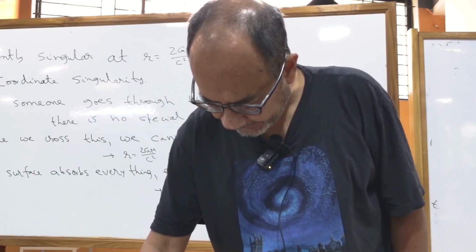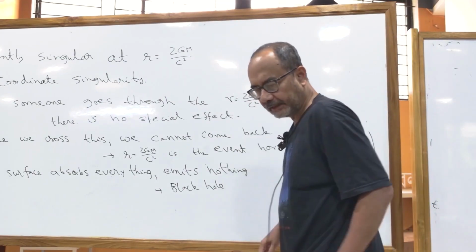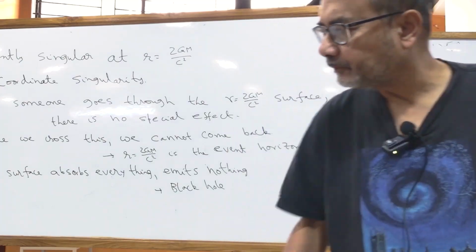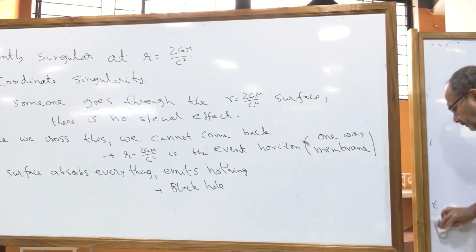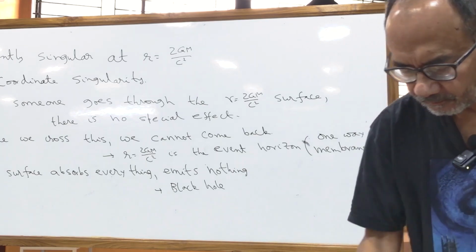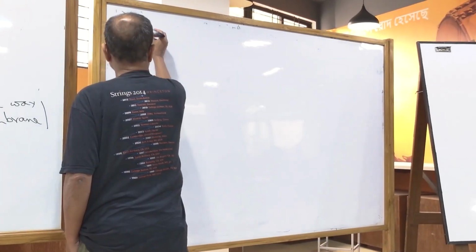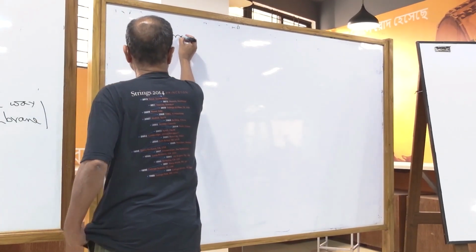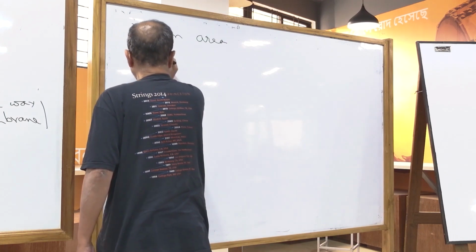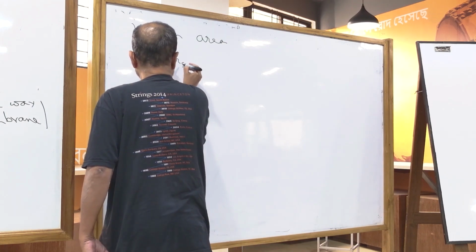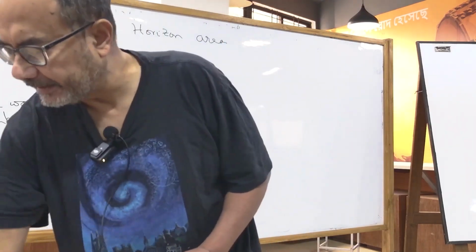Oh, maybe I should have also said that we can calculate the horizon area. So the horizon area is 4 pi r squared.